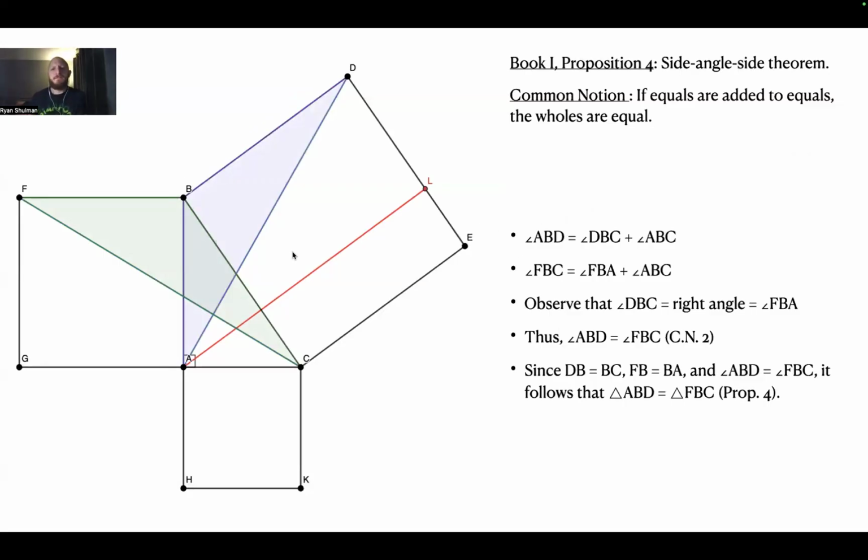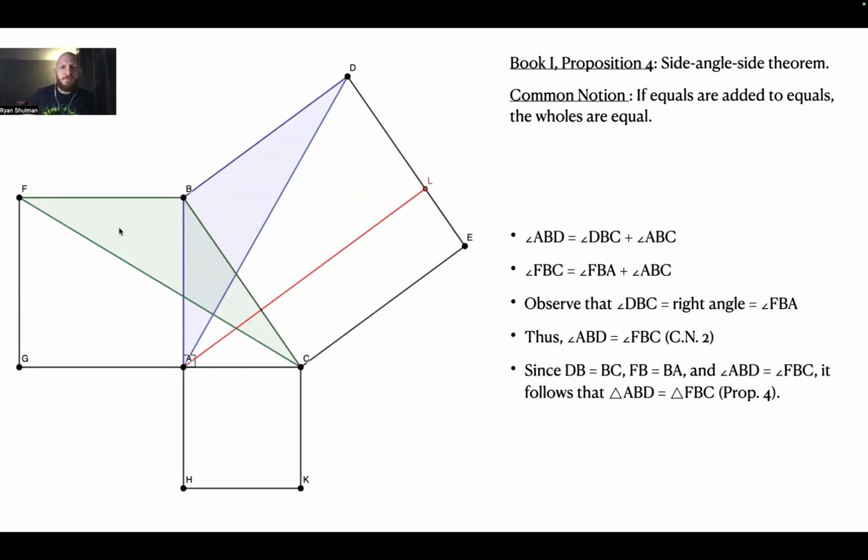So next, notice that angle ABD, the wide angle of this purple triangle, we can rewrite as angle DBC plus angle ABC. So this corner of this square plus the top of our given triangle is angle ABD.